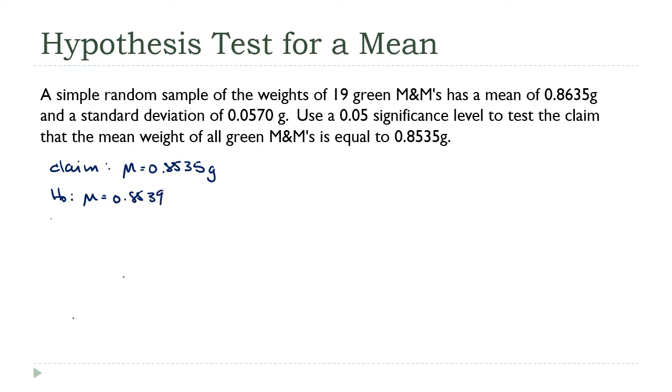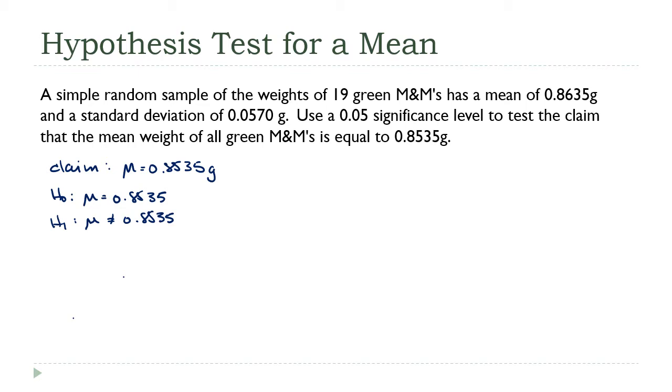And for the alternative hypothesis, I'll use mu is not equal to 0.8535. Okay, and I'm going to use not equal since the description doesn't have anything that would lead me to believe that the company is only concerned about values that are over or under the required size.